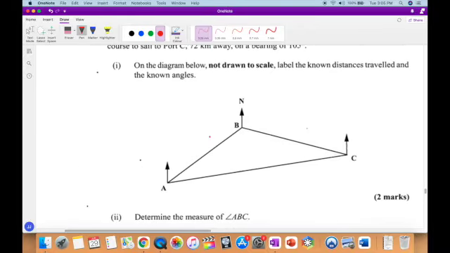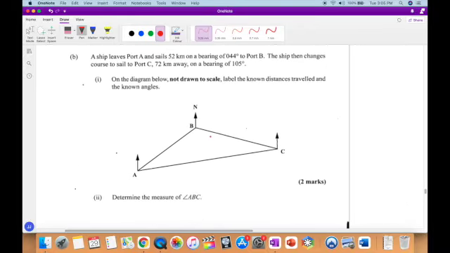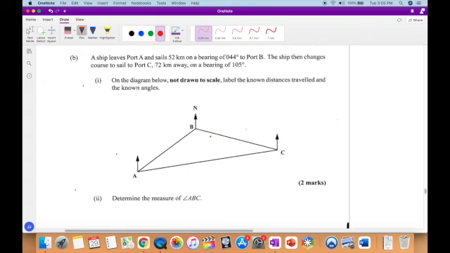Alright, and now we are here. A ship leaves the port A and sails 52 kilometers on a bearing of 44 degrees to port B. I could see that. Let's see. A ship leaves A and sails 52 kilometers.